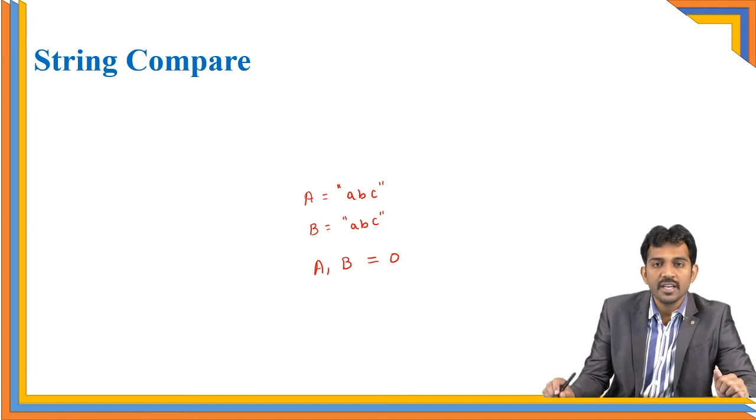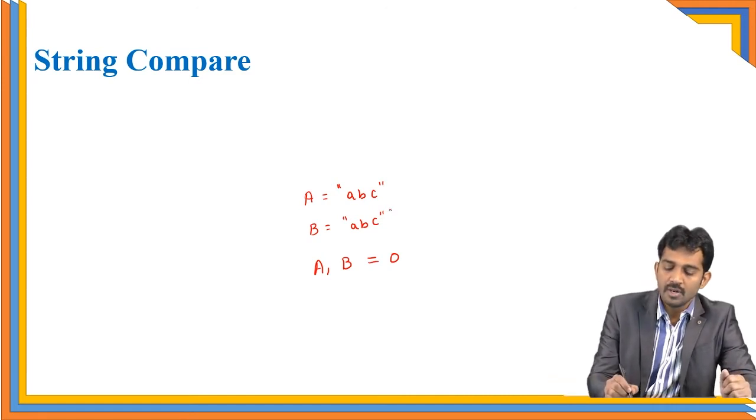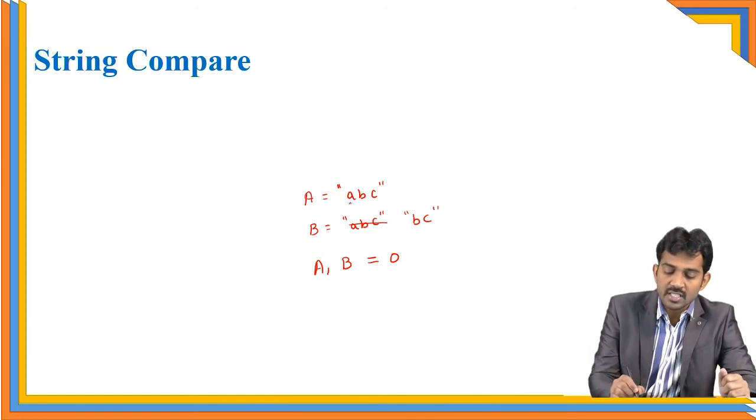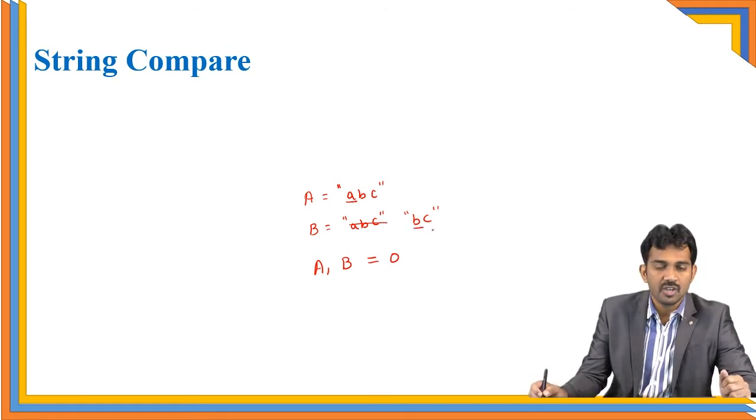If the 2 strings are equal, then it is going to give 0. If the 2 strings are not equal, then you have 2 cases. For example, here instead of ABC, I am going to write BC. Then what is the task of compare? It is going to take the first character. Here A is there, here B is there. Both are mismatched, right? What is the ASCII value of small a?